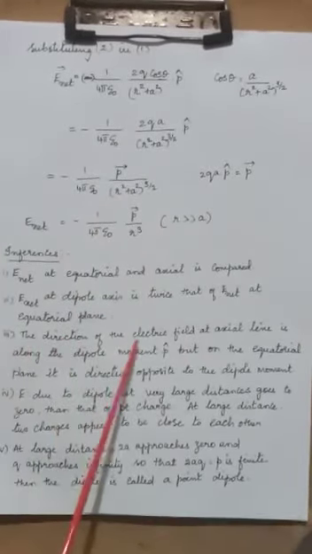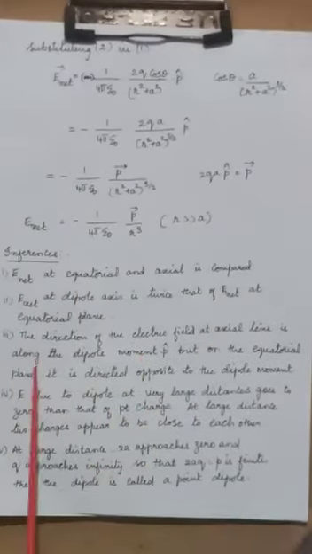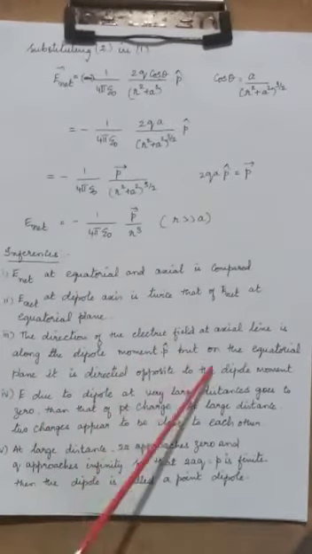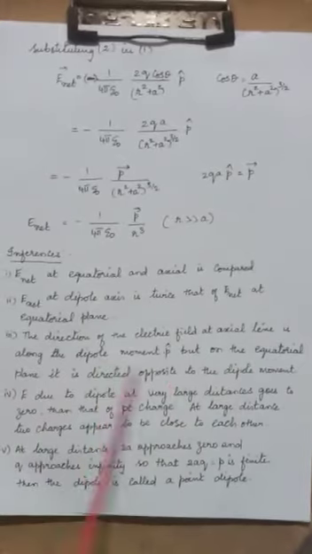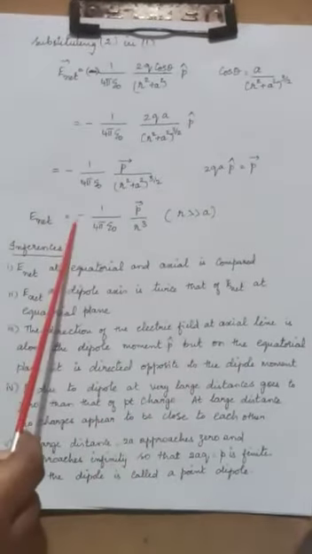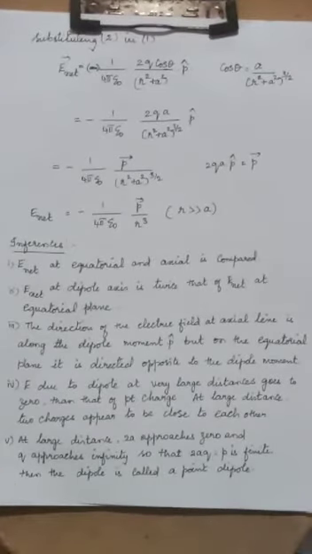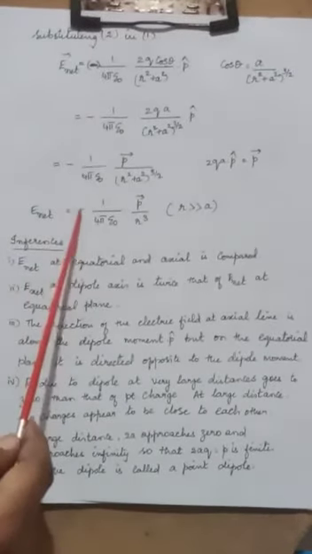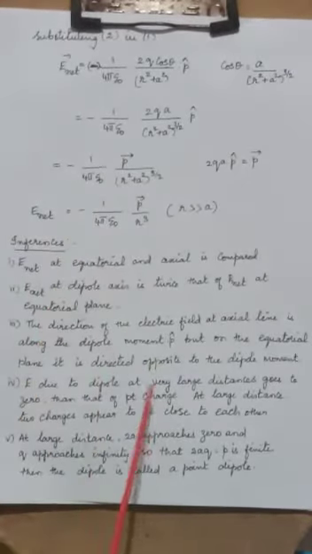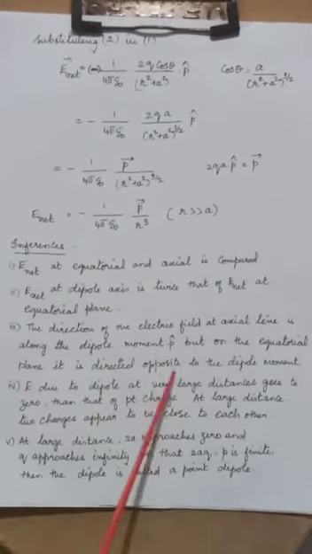The direction of the electric field at the axial line is along the dipole moment, but on the equatorial line it is directed opposite. That is why there is a minus sign. There you won't have a minus sign because it is along the dipole moment, but here you have a negative sign that indicates it is directed opposite to the dipole moment.